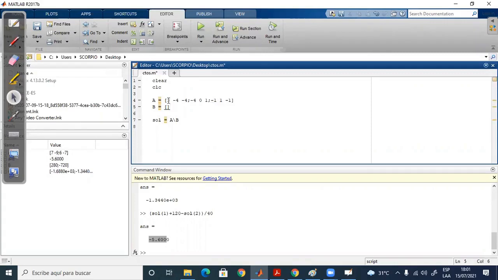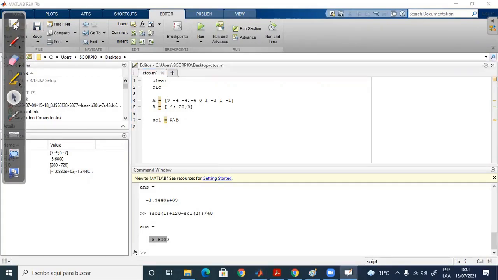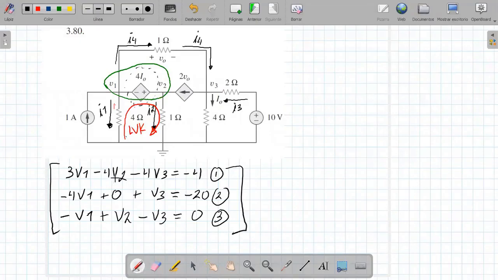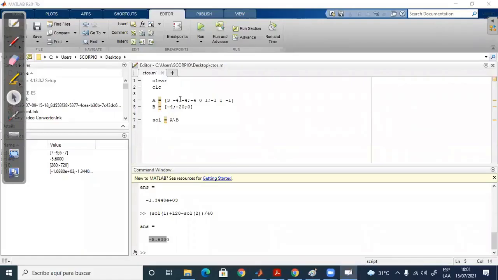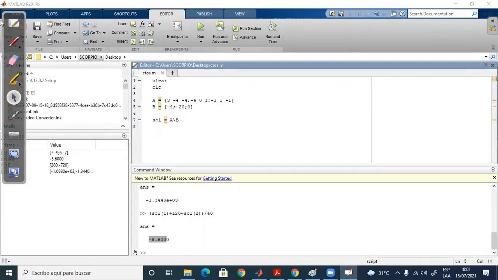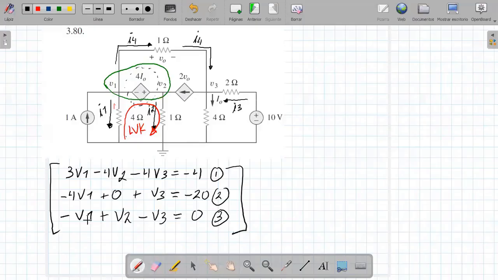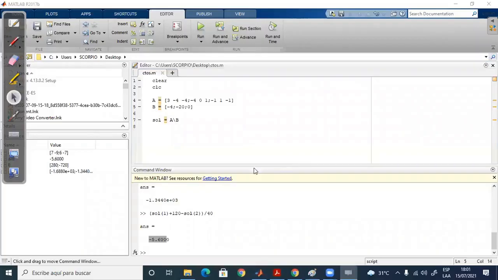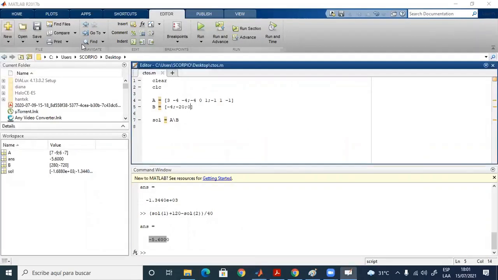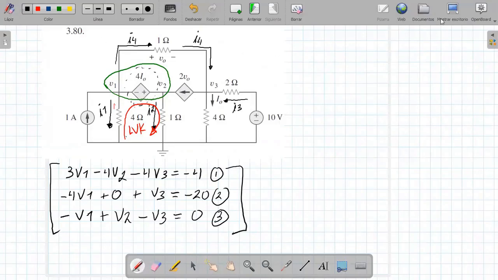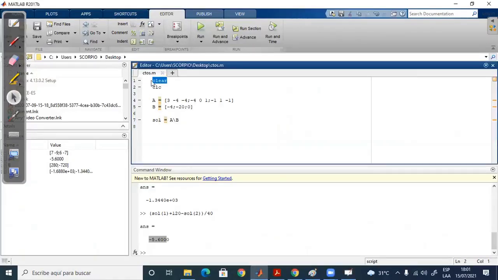Again for V it would be minus 4, semicolon. We go to the next row, which is minus 20, semicolon, and 0. We check: 3, minus 4, minus 4; minus 4, 0, 1; minus 1, 1, minus 1; minus 4, minus 20, and 0.